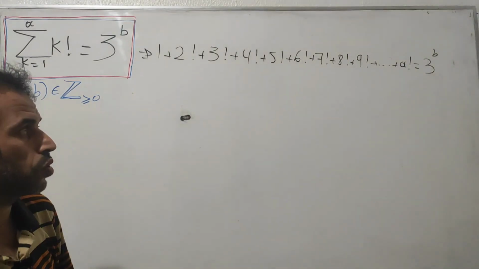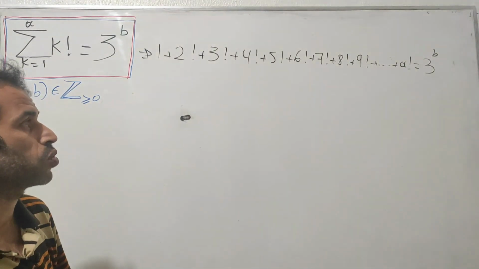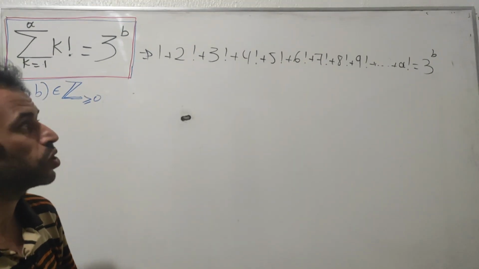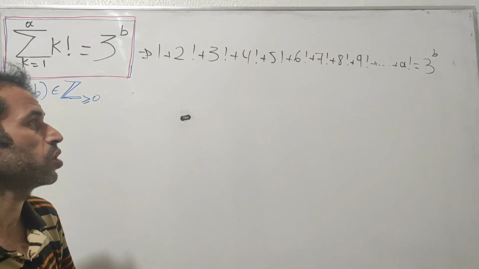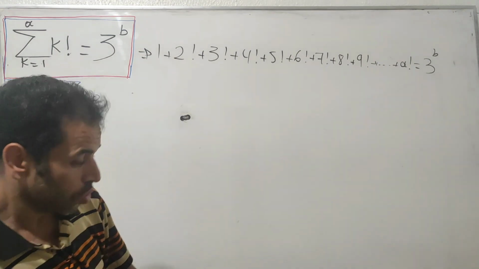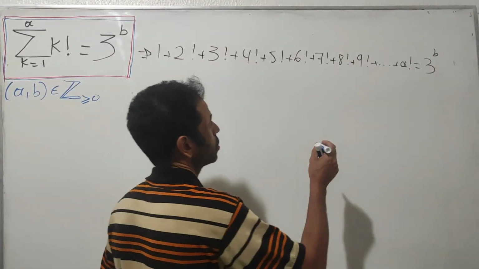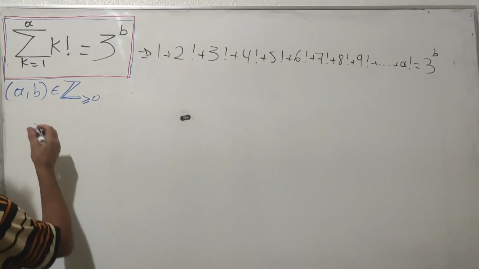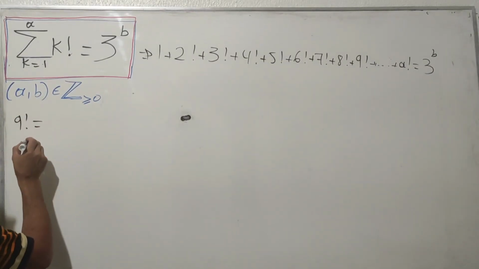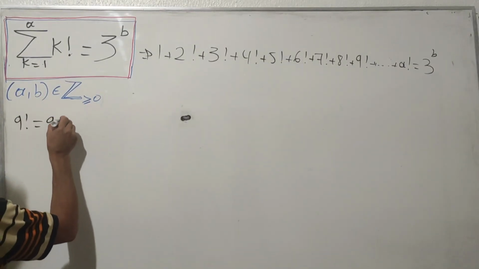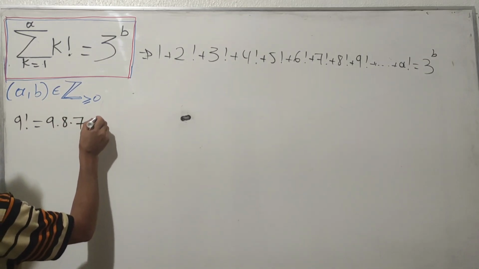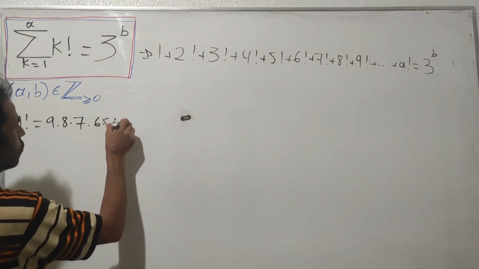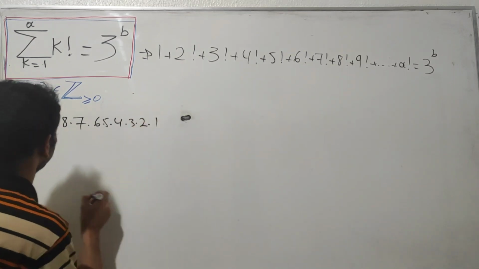So the easiest way to solve this one, we are going to reduce this equation modulo something. But which appropriate value can we reduce this equation by, okay? So let's check 9 factorial. What is it going to give us? 9 factorial equals 9 multiplied by 8 multiplied by 7, 6, 5, 4, 3, 2, 1.